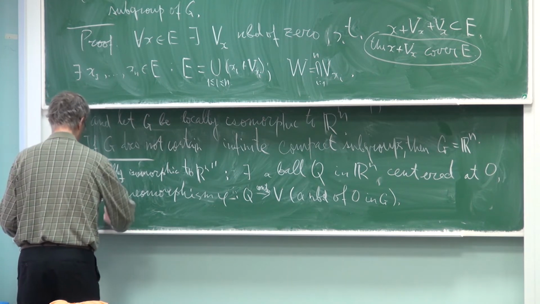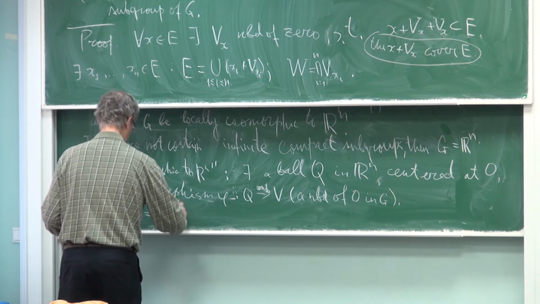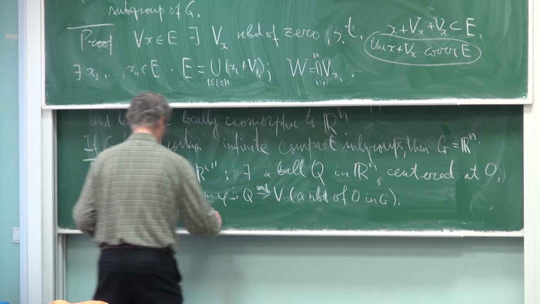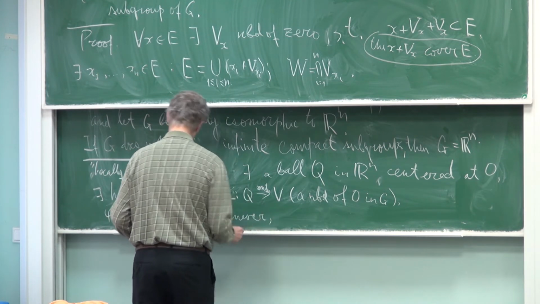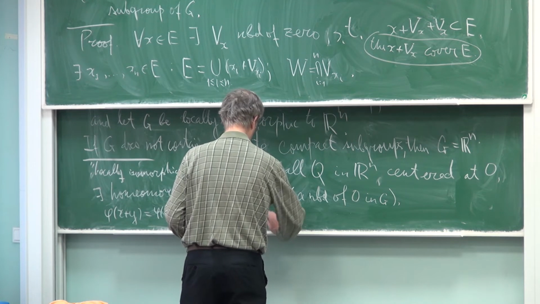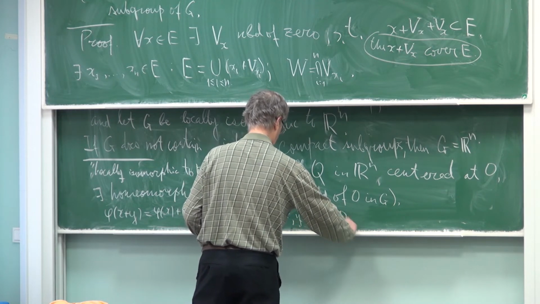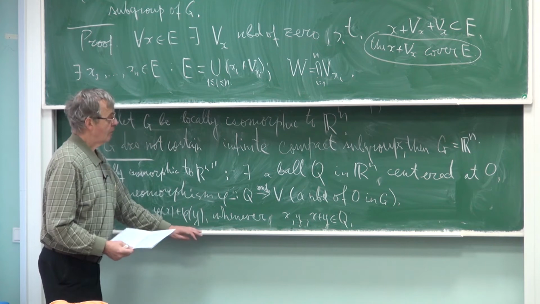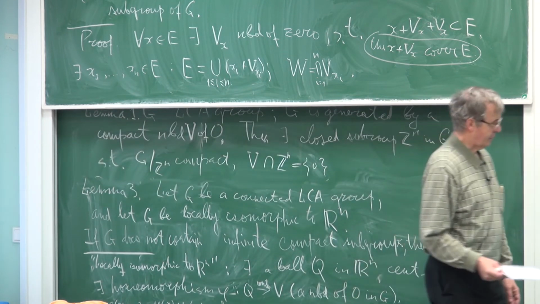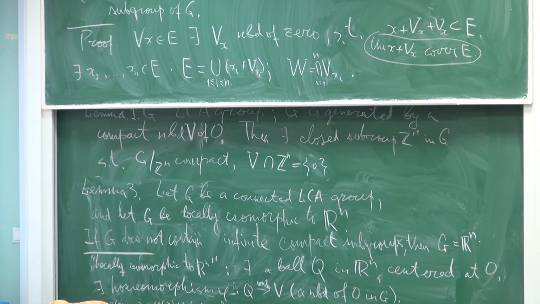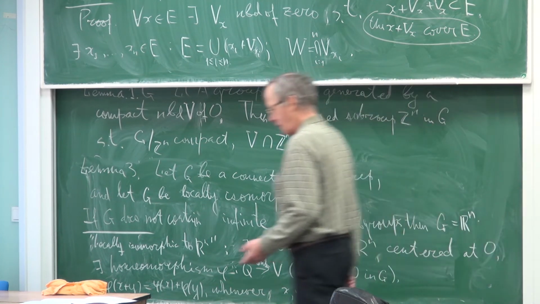That is, phi of x plus y is equal to phi of x plus phi of y whenever the 3 points lie in this ball Q, whenever x, y, and x plus y belong to Q. So really some homeomorphism in the neighborhood of 0 in Rn, and it preserves sums when this makes sense.